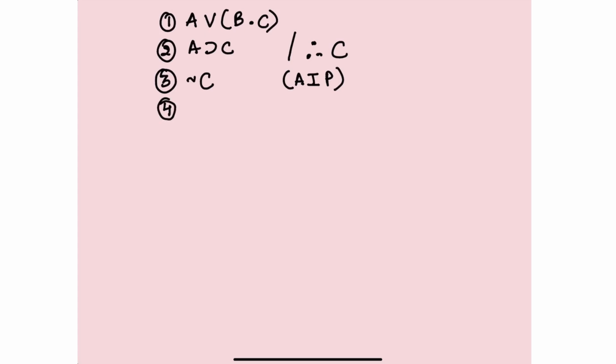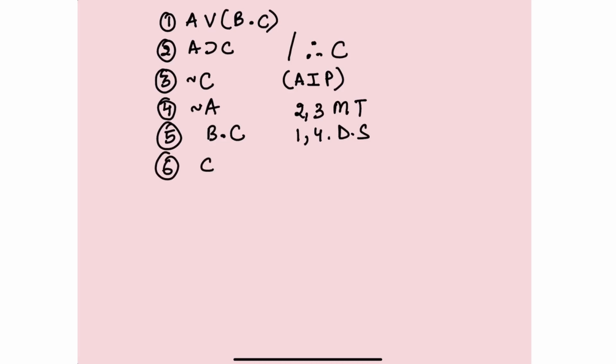So let's say negation C came, that means by using the second and third, if we use modus tollens then we'll get negation of A. And in the next case, if we use first and fourth with disjunctive syllogism, then what we'll be getting is B dot C. Now moving to the next one, we can do C dot B by commutation, and then last you can do simplification.